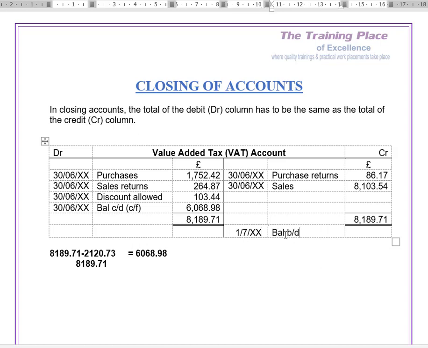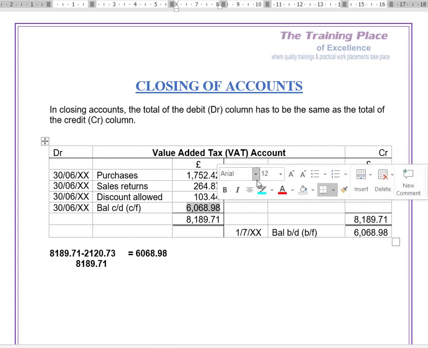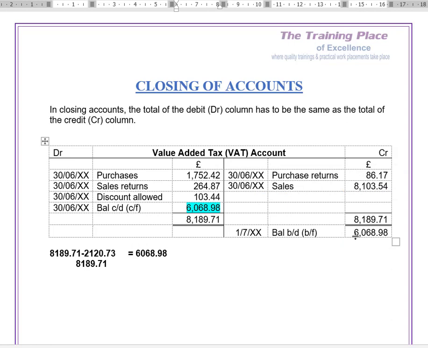I'm bringing it down from last month, or brought forward, as the case may be, and I will put in the exact amount for my closing balance, not my totals. I repeat, not my totals. I am putting in my balance carried forward, and that is what I will have in my balance brought forward.